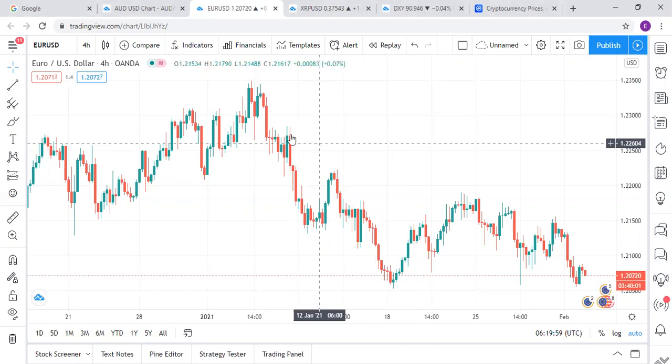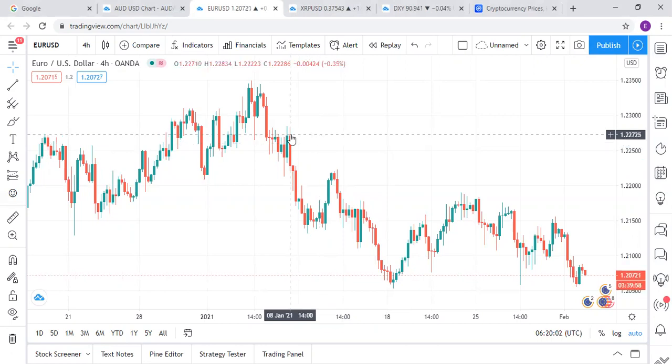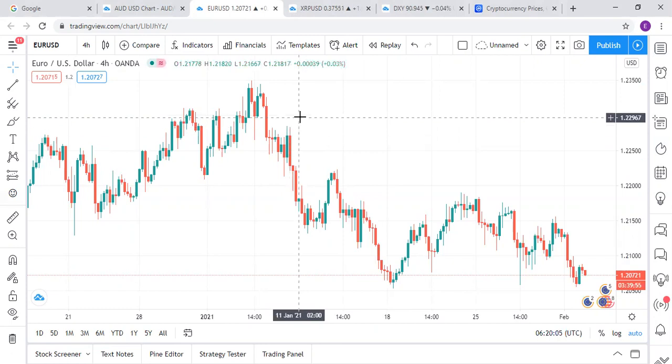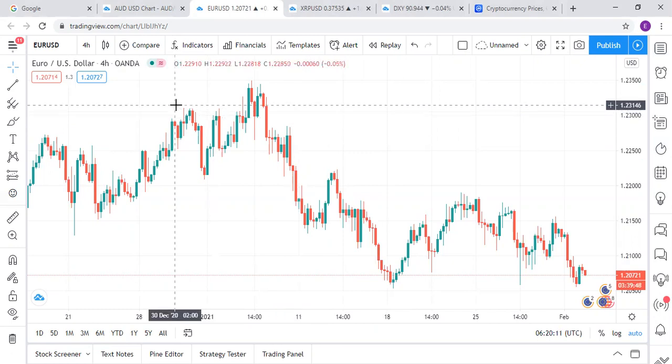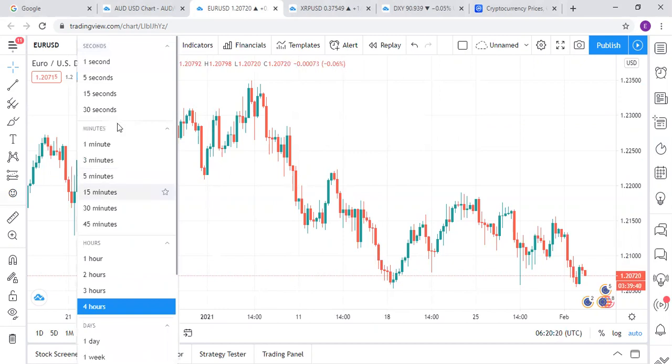This morning we'll be looking at Euro USD. So that's what we're going to use and look at this morning. For Euro USD, when I come to my chart to analyze a trade, I normally start from either weekly or daily.